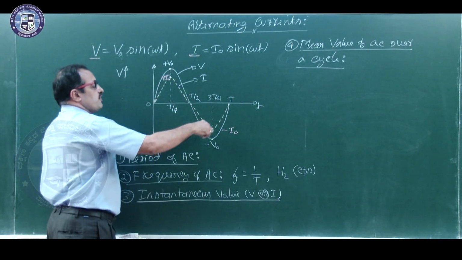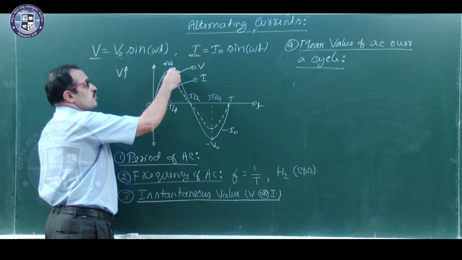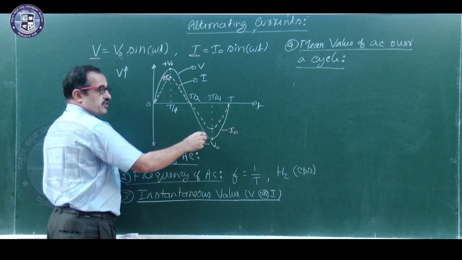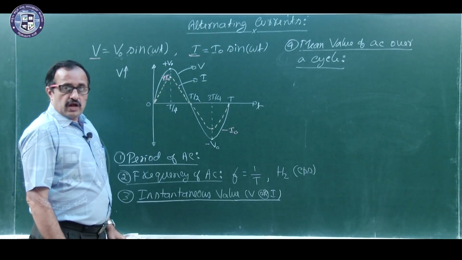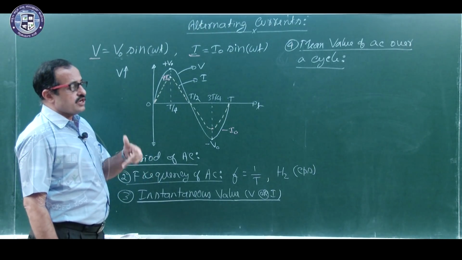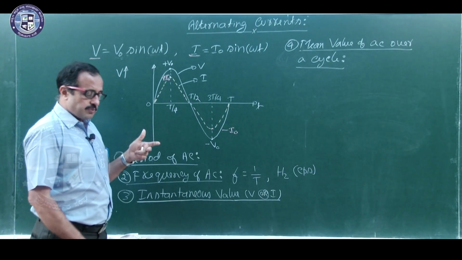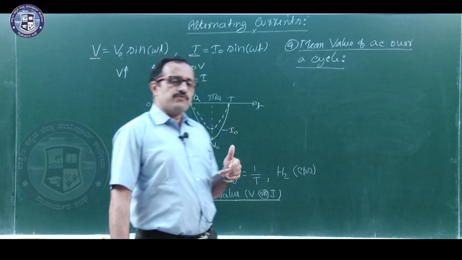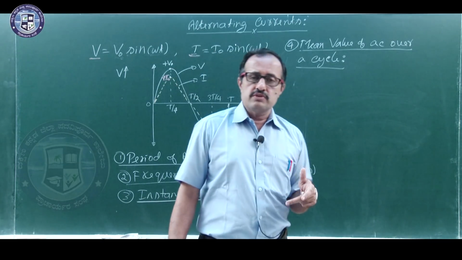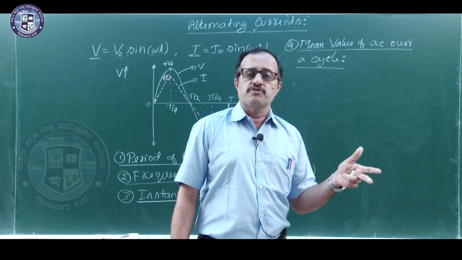From this graph it is very clear that with time the voltage changes, or the current also changes, and whenever the value changes we have different values, so it is better to find the average. For example, in the annual exam, if you get different marks in different subjects, then generally we find the average mark.